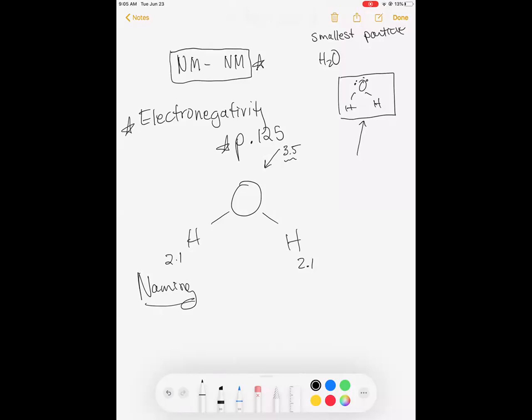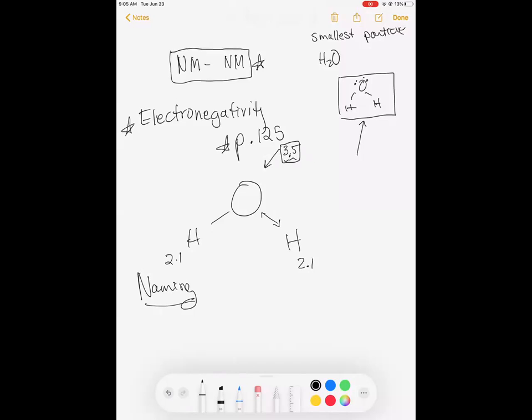Now, what that's measuring is how much these electrons that are shared, who's going to have the electrons most of the time in that tug of war. Make sure you read about electronegativity. In this particular tug of war between oxygen and hydrogen, oxygen is going to have the electrons most of the time because it has a higher electronegativity.